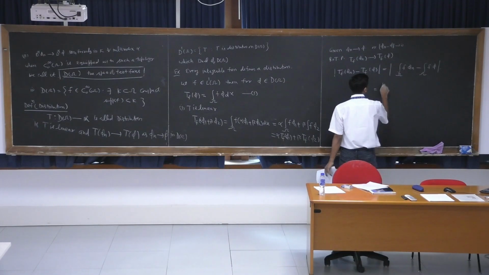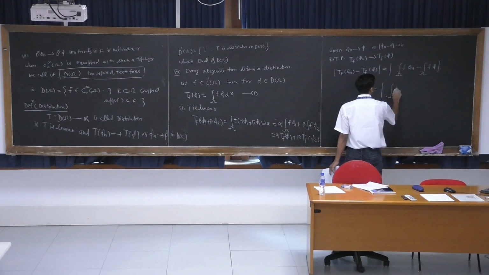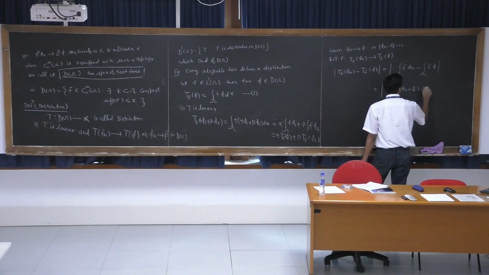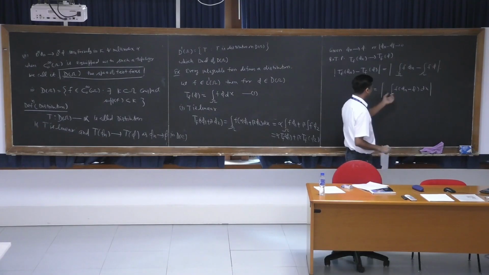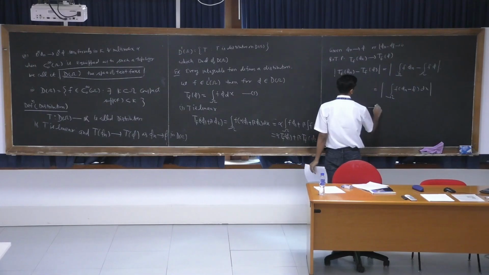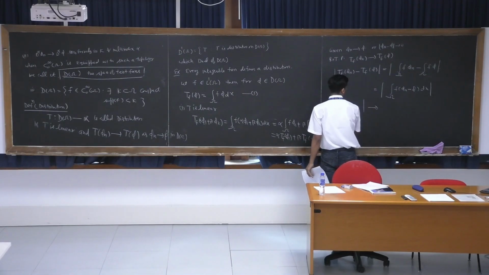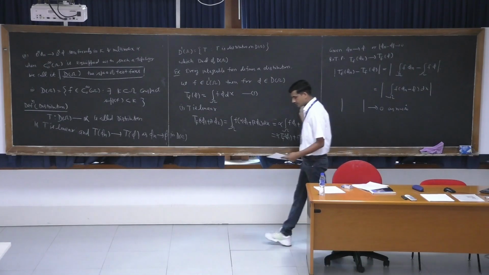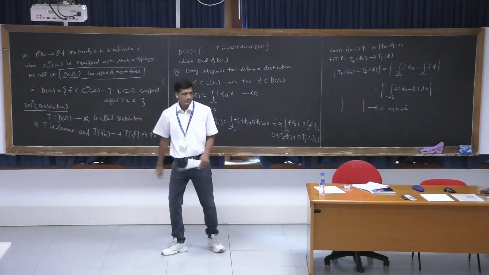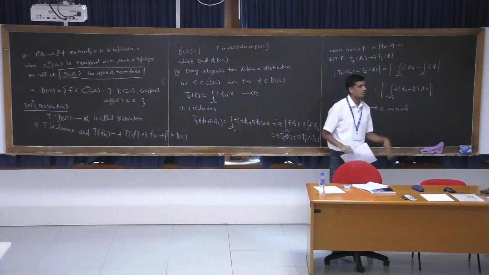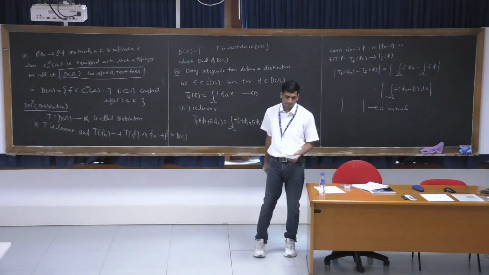That is equal to, taking f common, the integral of f times phi n minus phi dx, and obviously this goes to 0 as n goes to infinity. So it is easy to prove that T f of phi n converges to T f of phi.